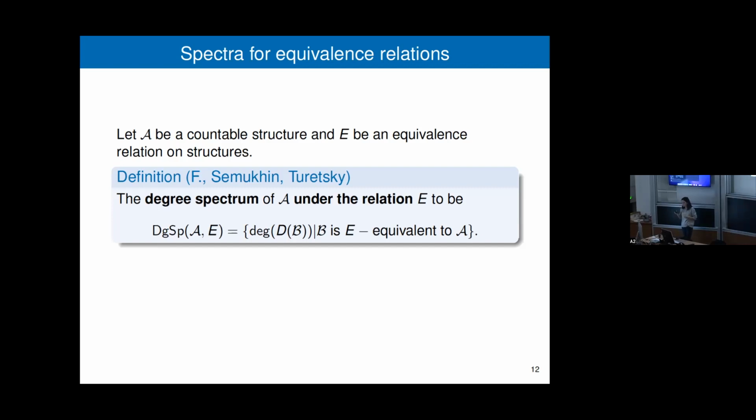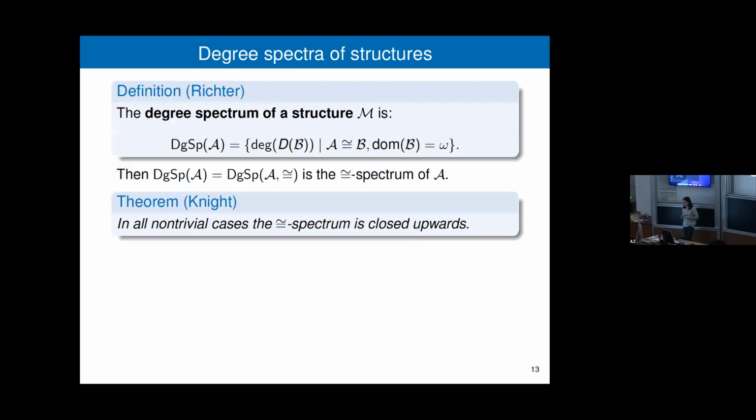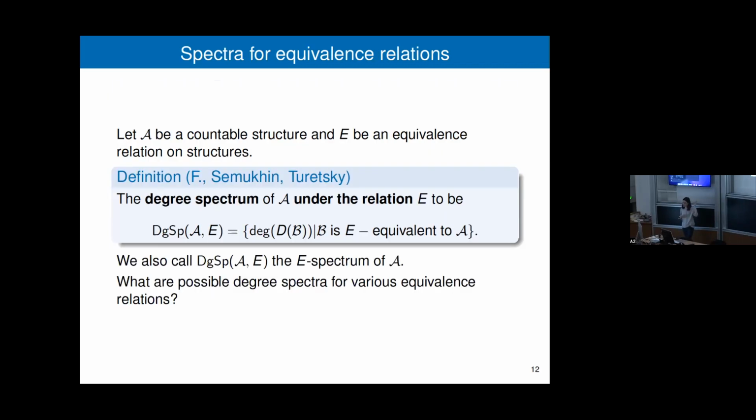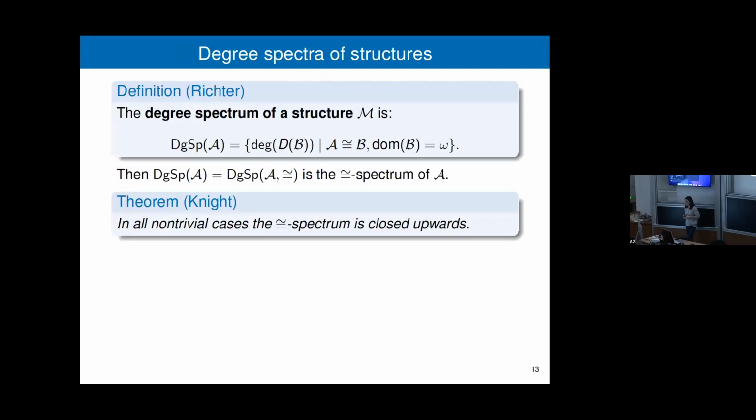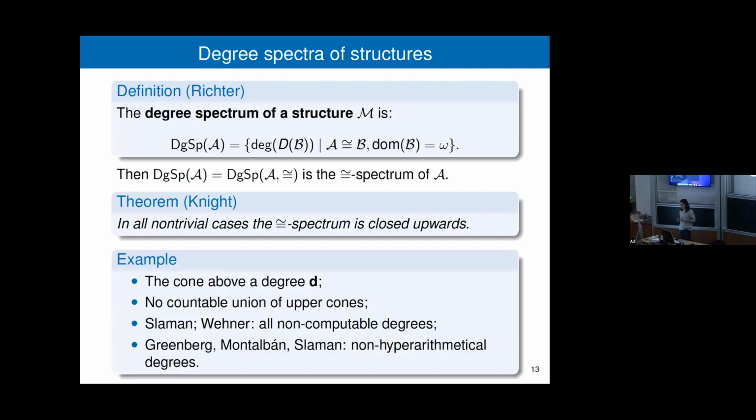By the way, this is the definition from our paper with Semukhin and Turetsky, but there were also other papers with similar definitions, for example by Antonio Montalbán and others, who defined similar objects. The classical situation is if we consider the relation of isomorphism, which gives the degree spectrum of a structure.